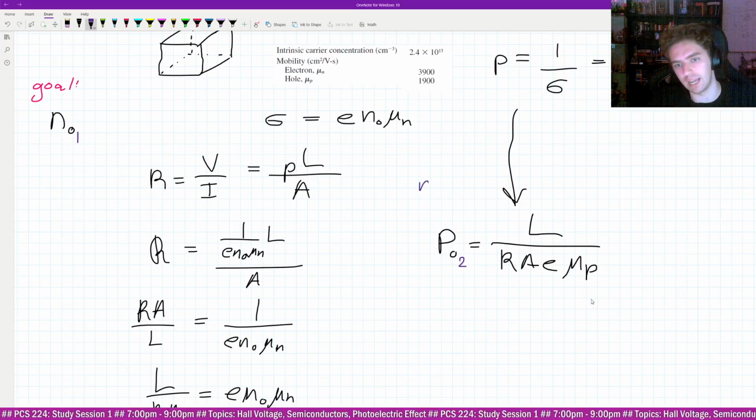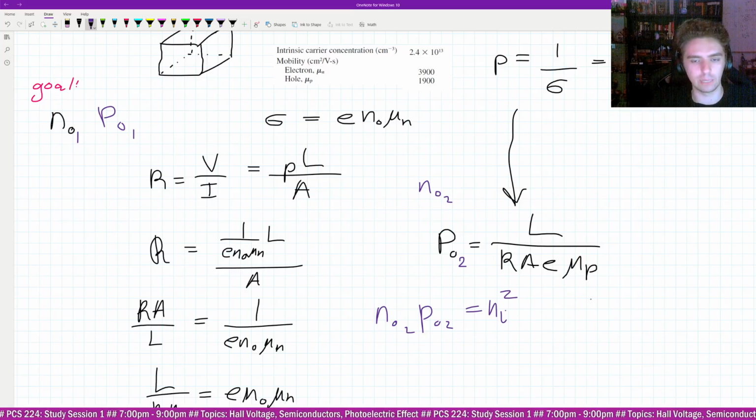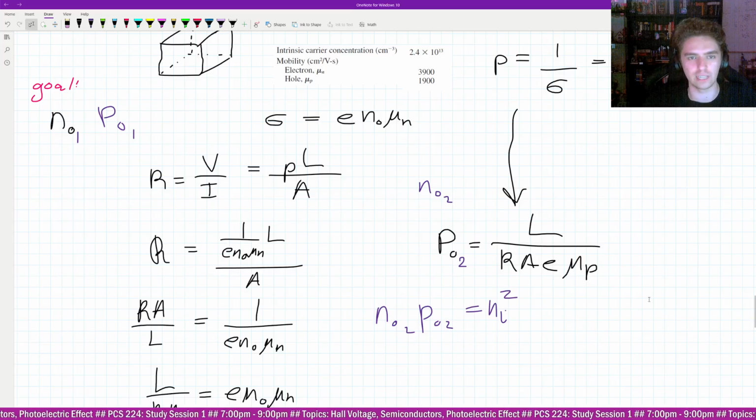There is a separate N02 which would correlate to this P02, and N02 times P02 would be Ni squared. That's interesting. But so would N01 and P01 if you figure out P01. Right, it's two separate cases. That was confusing me too until the second I started explaining that sentence. It seems like these two should multiply to Ni squared, but the fact that they're two cases means you're talking about two different configurations of this semiconductor.